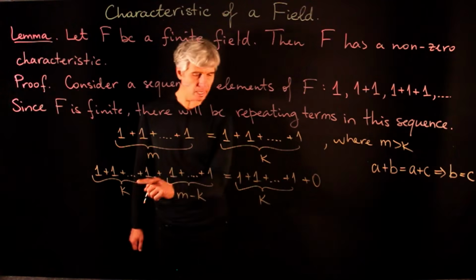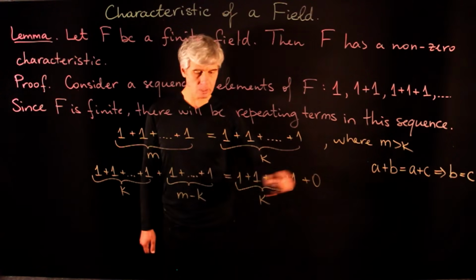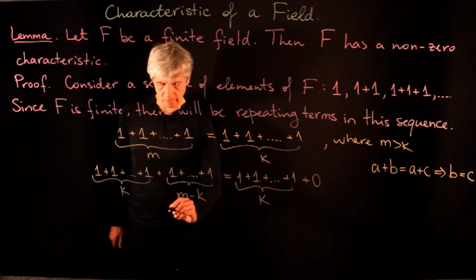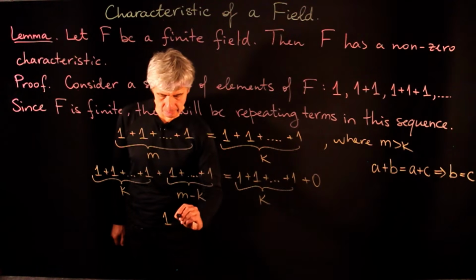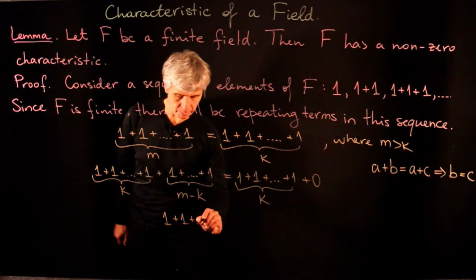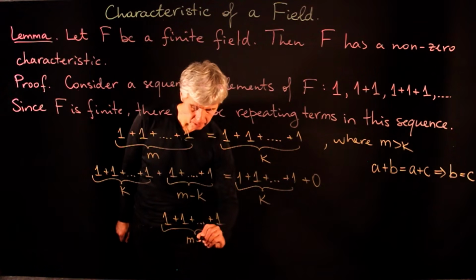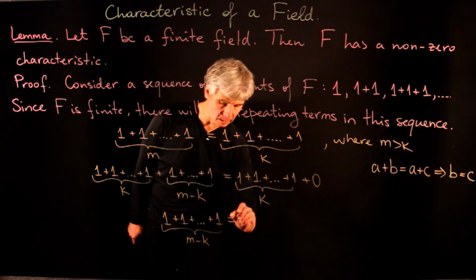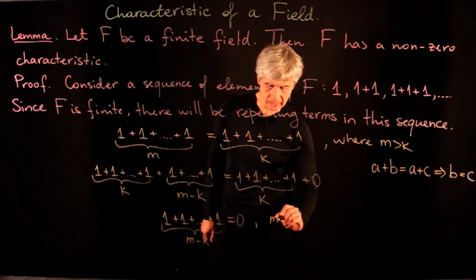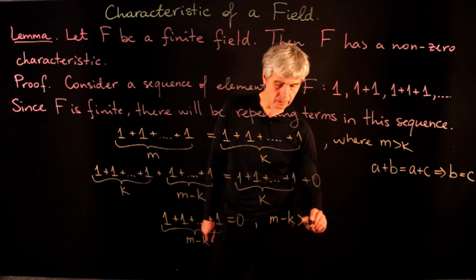If we apply this property here, then we get that 1 plus 1 plus 1, m minus k times, is going to be 0, where m minus k is greater than 0.